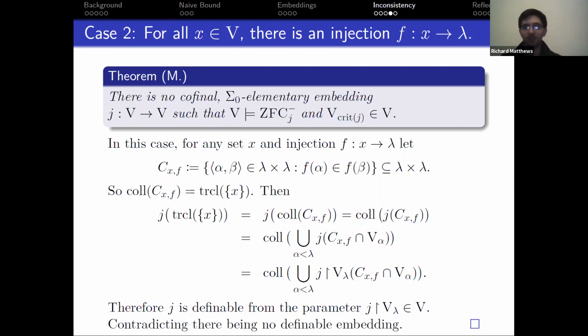And now we can put j in there, so we have the union over all alphas of j(C_{x,f} intersected with V_alpha). Now each C_{x,f} intersected with V_alpha is an element of V_lambda. So I'm not actually using j here, I'm using j restricted to V_lambda for all of this. So therefore I've defined j from the parameter j restricted to V_lambda.